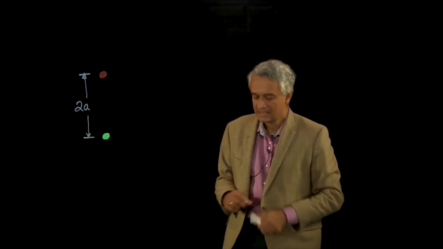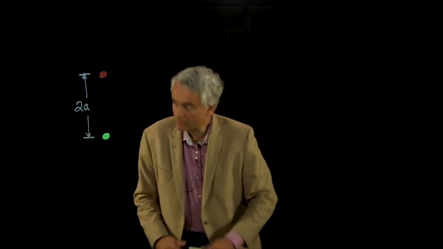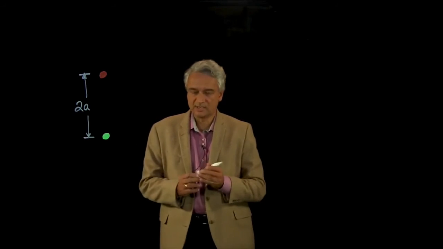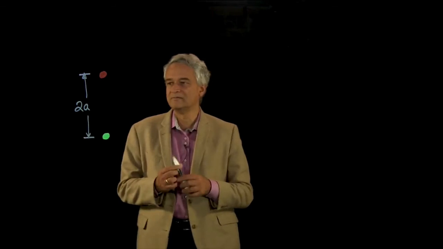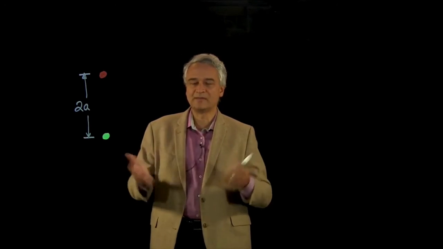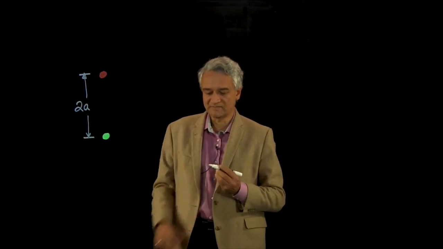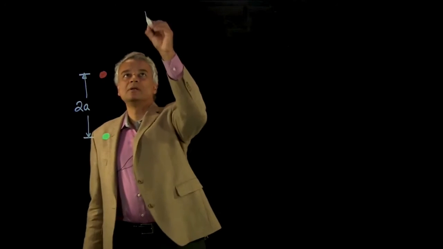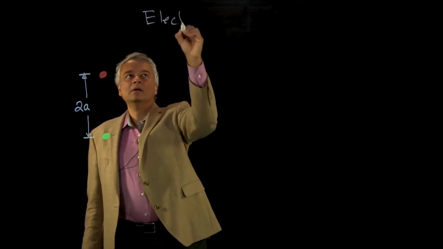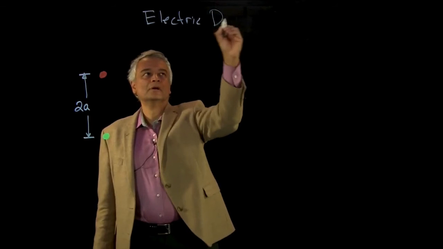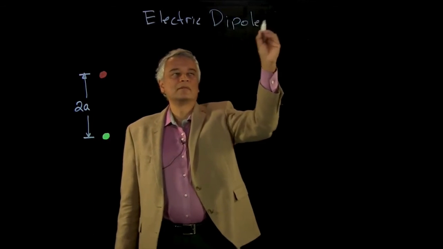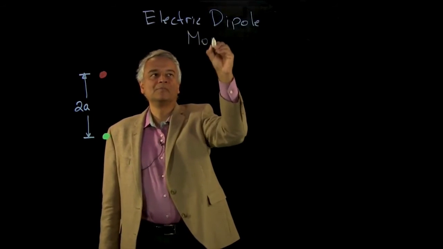And what I want to do now, as the first step towards doing a quantitative analysis of the physics of dipoles, how they move, what forces they feel, what torques they feel, is I want to introduce a quantity called the electric dipole moment, which is a measure of the strength of a dipole.